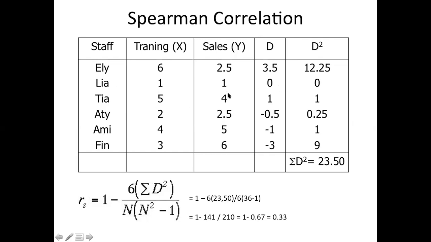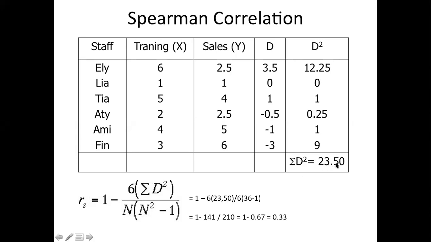Tia, 5 and 4, the difference is 1, and we square this, we have 1. Ati, the difference between training and sales is 2 minus 2.5, which is minus 0.5. So we square that, we have 0.25. And the results are added up. We have the sum of D squared, 23.5.